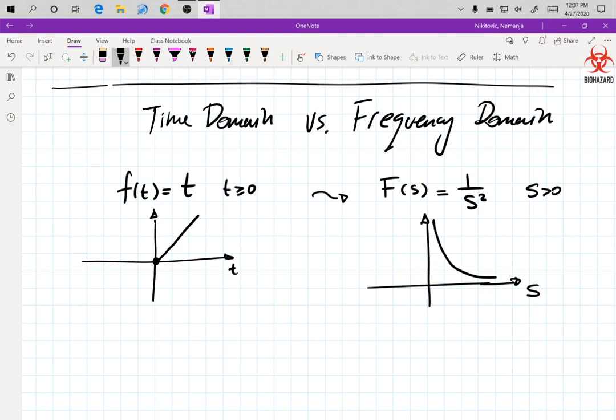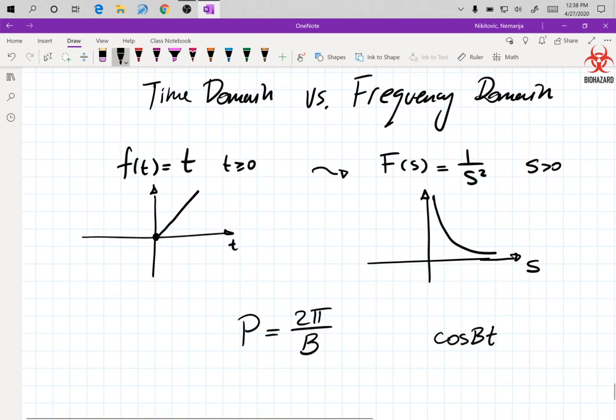So when you convert between time domain and frequency domain, what do you know from before? You know that the frequency and period are inverses of each other. Do you remember the formula where your period p was 2 pi over b, and the b was in your cosine, cosine bt?